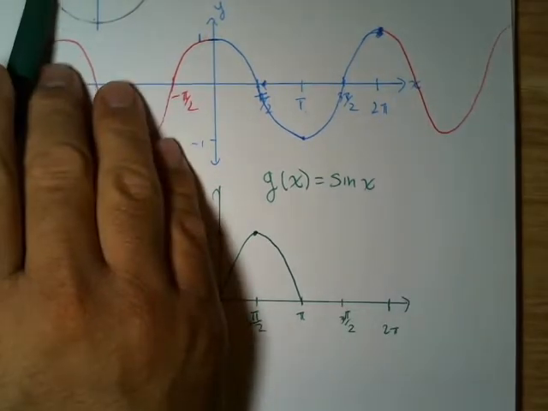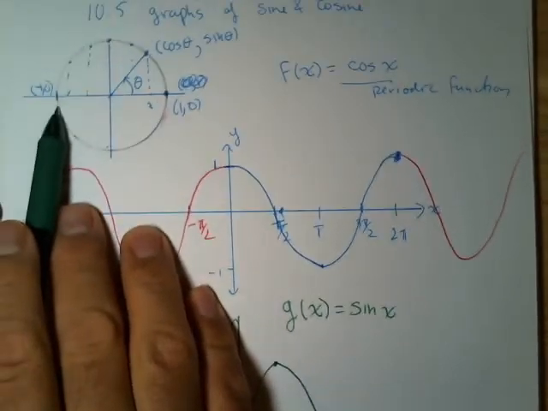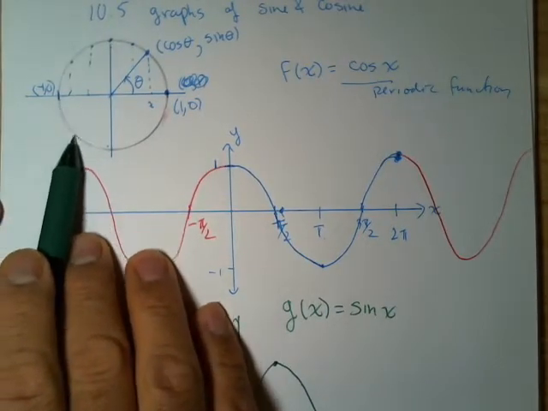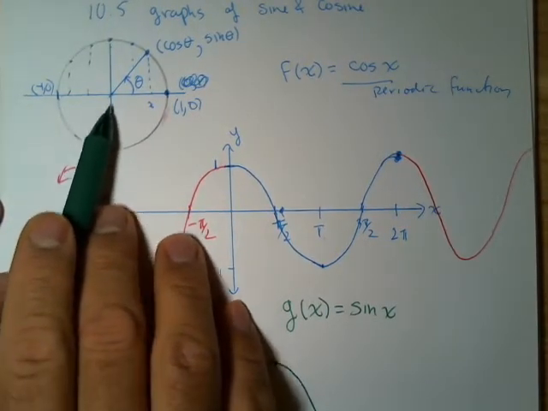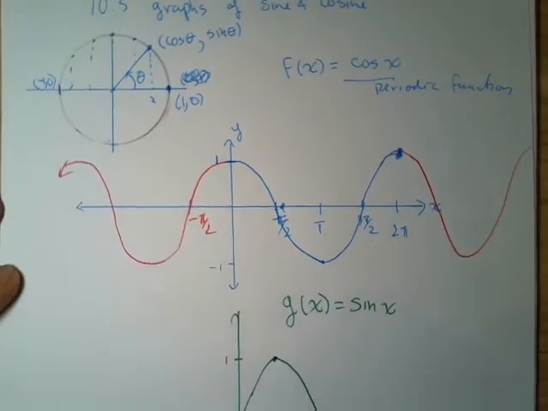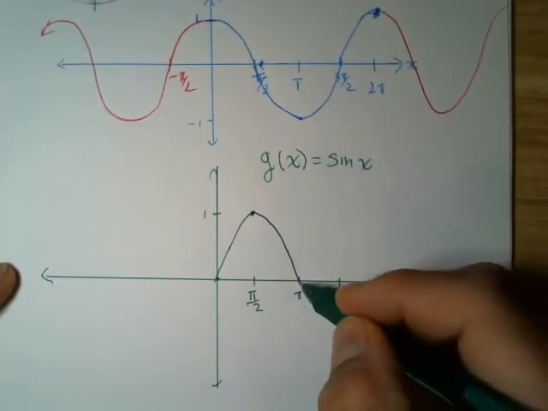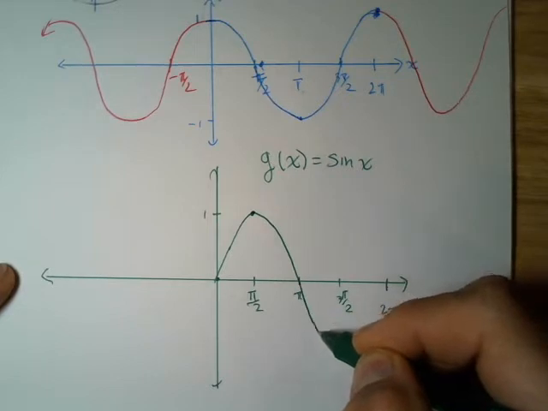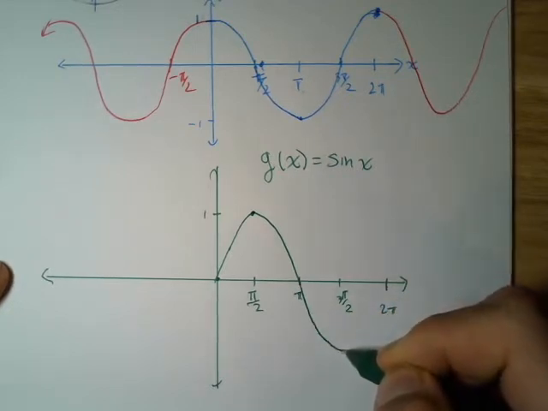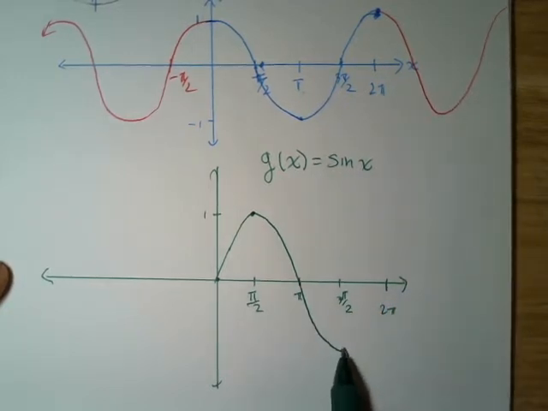And then they continue to get smaller as we work our way from pi to 3 pi over 2. They just get smaller in the negative direction, so it'll go below the x-axis here till it reaches its largest negative value of -1.